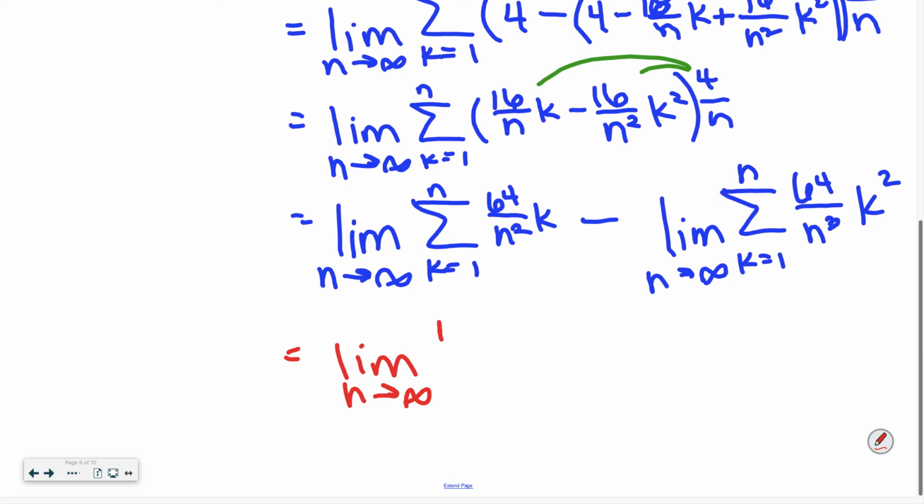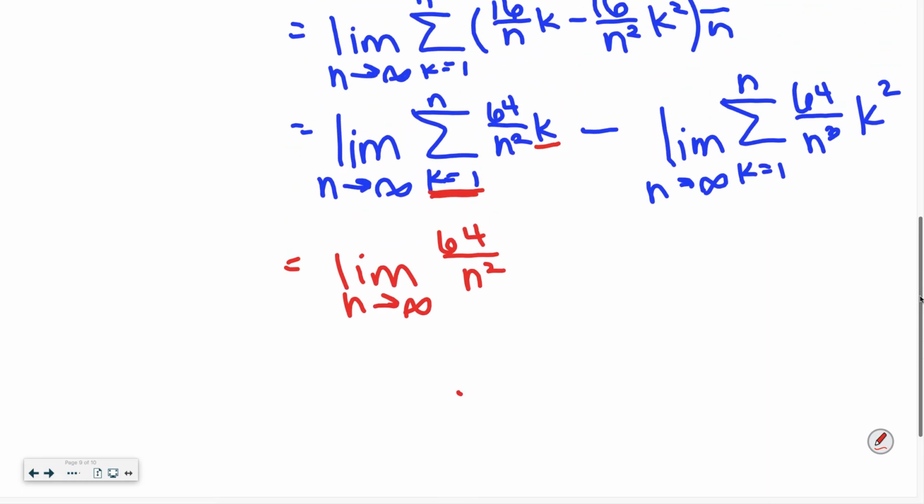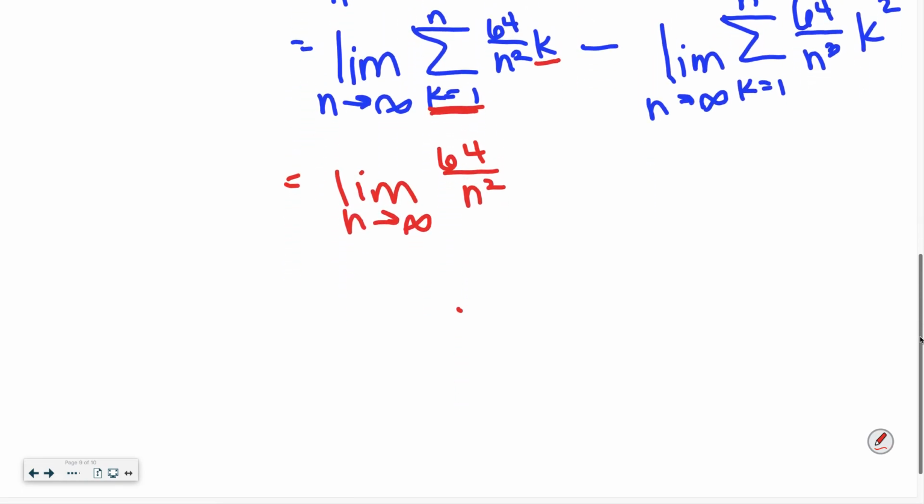The 64 over n squared does nothing for us. But we do have the sum from k equals 1 to n of k. Well, we know that that shortcut is n times n plus 1 over 2.